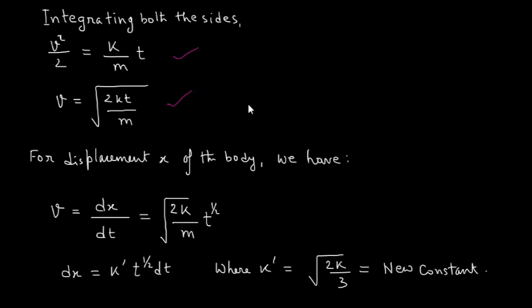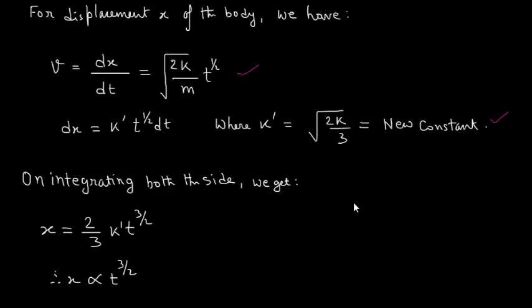For displacement x of the body, we have v is equal to dx by dt. Putting the values, we get under root 2k by m t to the power half. dx is equal to k dash t to the power half dt, where k dash is equal to under root 2k by m, which is a new constant.